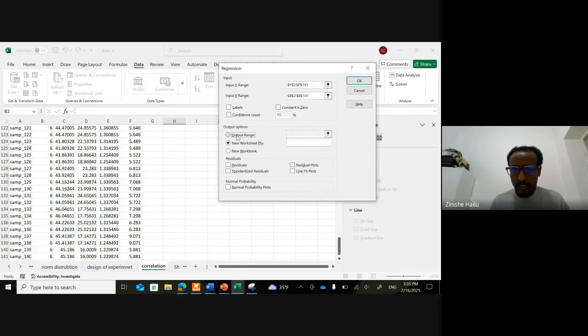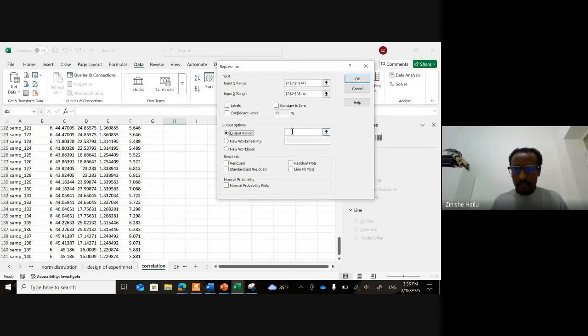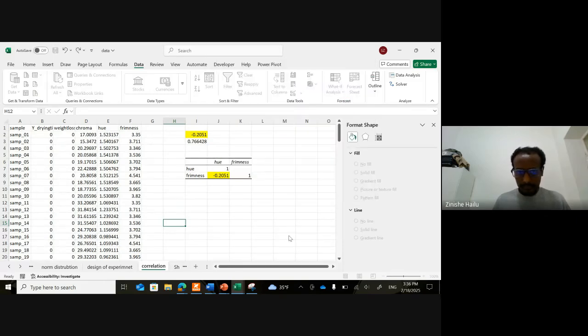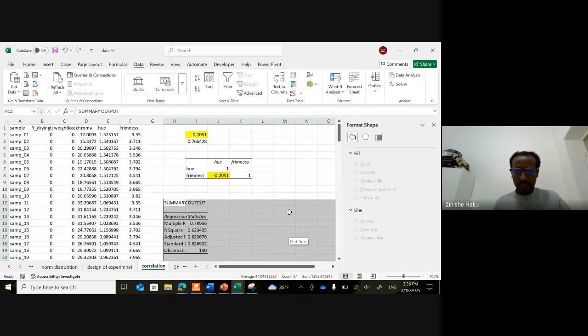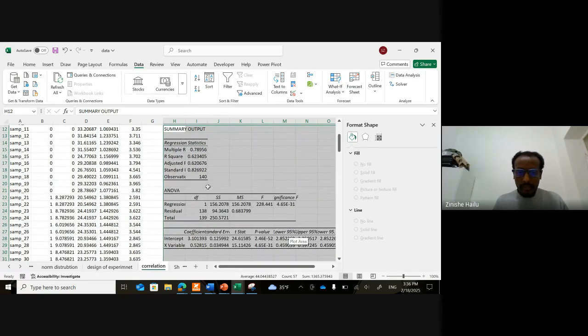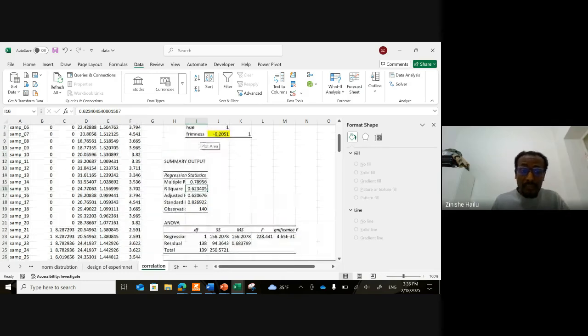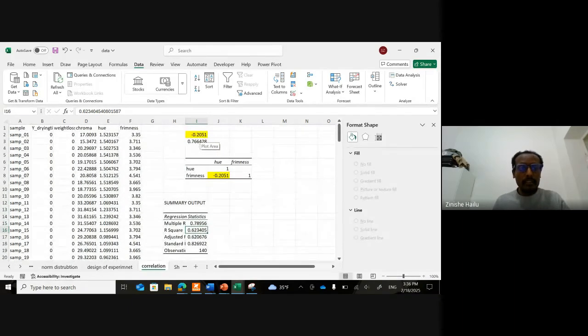We'll see. And then we'll put here the regression value. There it shows the R square is 62%. The firmness is explained by the time.